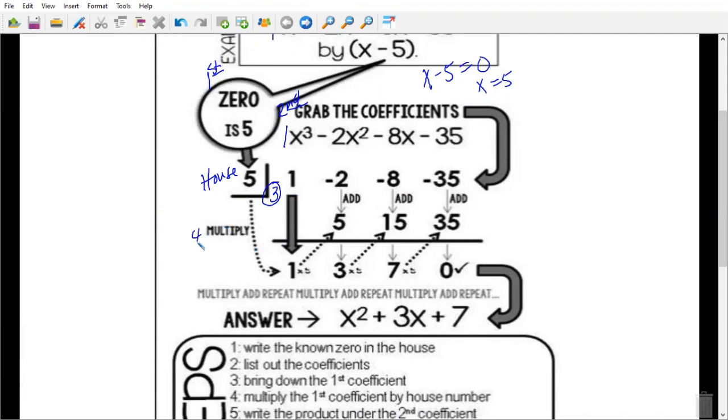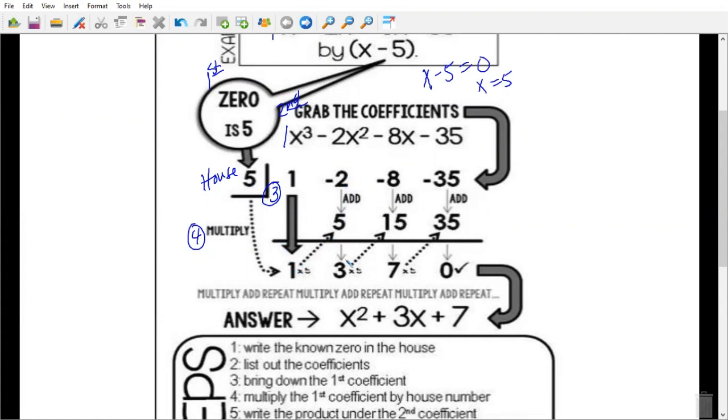And then step 4, I start the process of multiplying and adding, okay? So I multiply the coefficient times the number in the house, which is our divisor's 0. So we have 5 times 1. And then you write its product underneath the next coefficient. So 5 times 1 is 5. And then we add vertically.